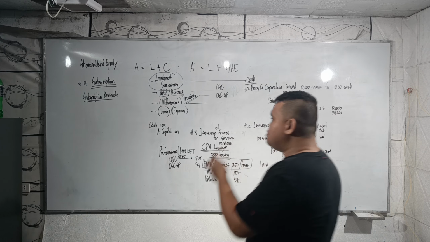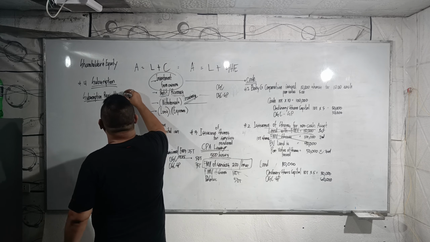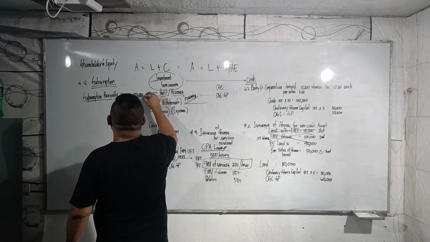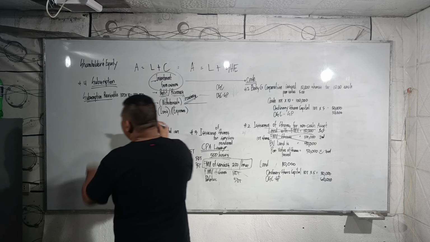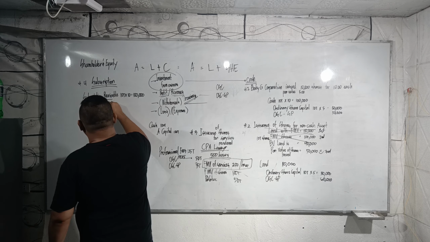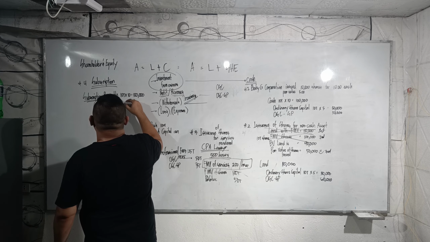Okay? So we have subscription receivable, and the subscription receivable is for 10,000 shares. He will pay 100,000 for example, so that's 10 pesos each. Now, what is the entry for the credit? The credit is the subscribed share capital.